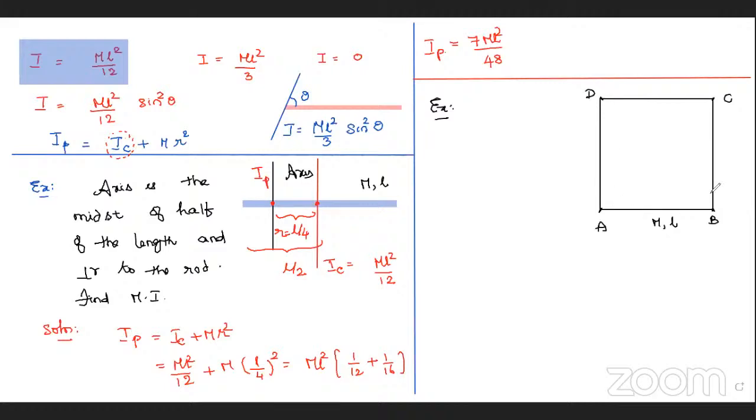With 4 rods, I constructed one square. AB, BC, CD, and AD are 4 identical rods.